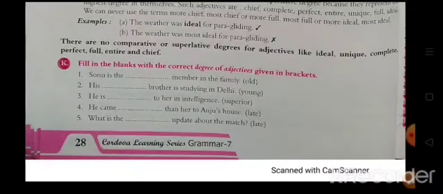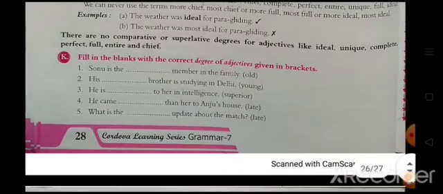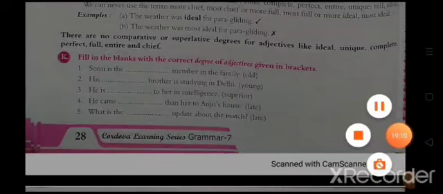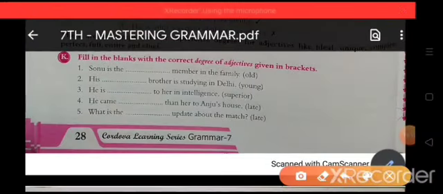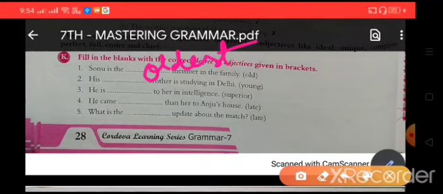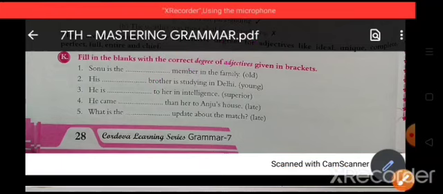Now we just move to exercise K. Fill in the blanks with the correct degree of adjective given in the bracket. We have to write the correct degree of adjective here. Sonu is dash member in the family. Sonu is the oldest member of the family.